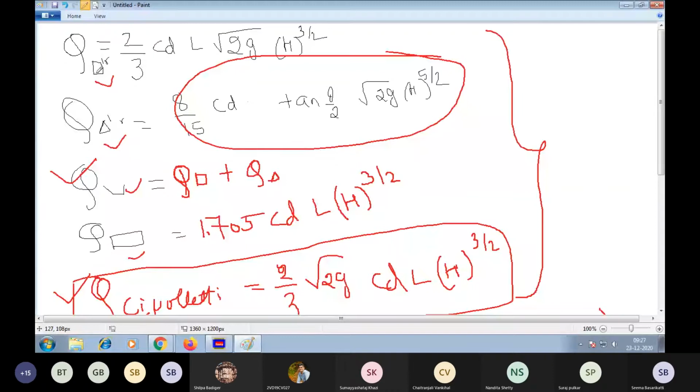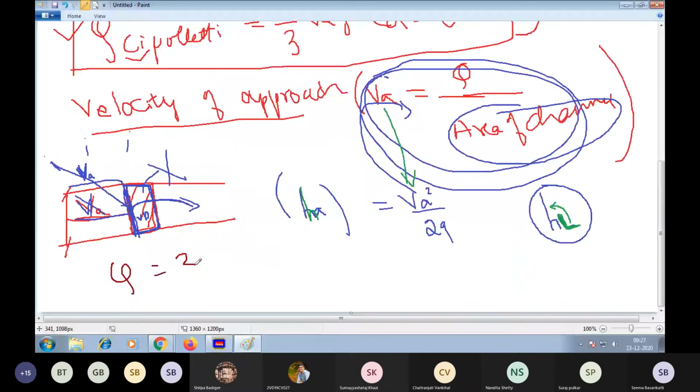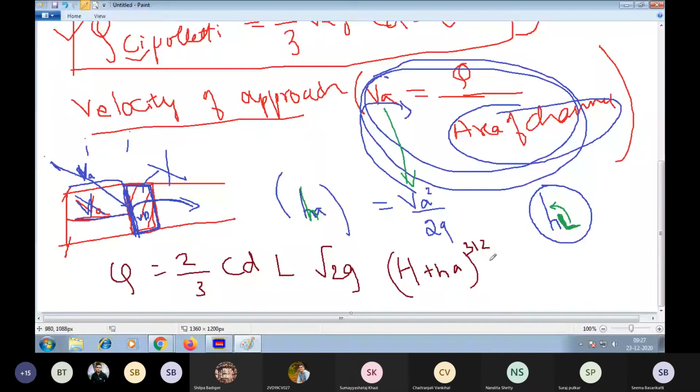If I ask you to consider the velocity of approach, this equation is written as 2/3 of CD into L into square root of 2G into H plus HA raised to 3 divided by 2 minus HA raised to 3 divided by 2.